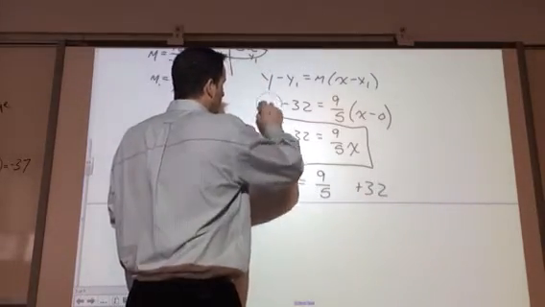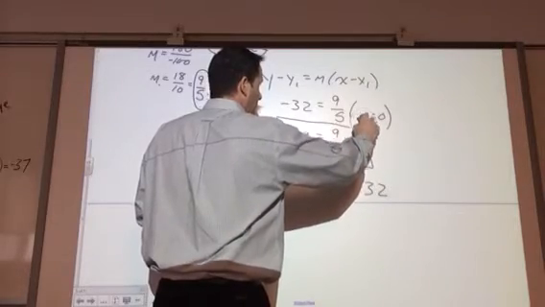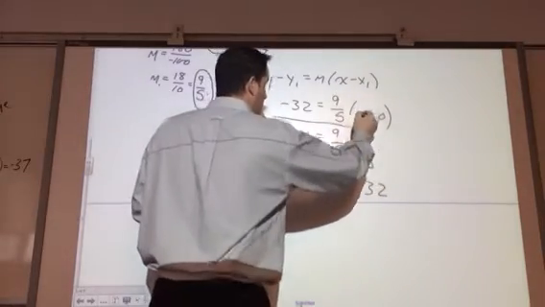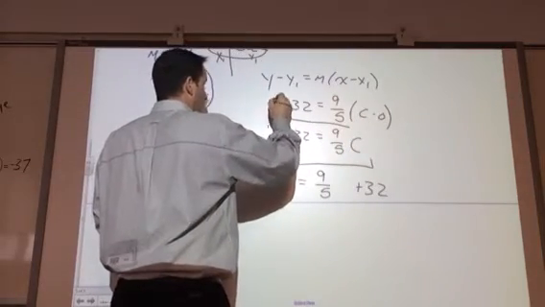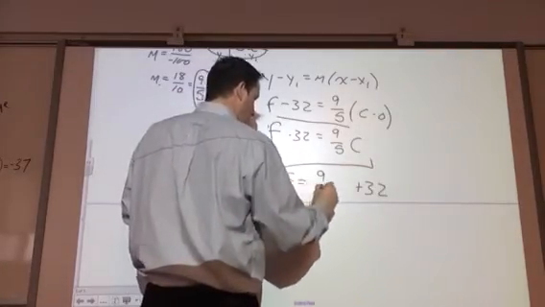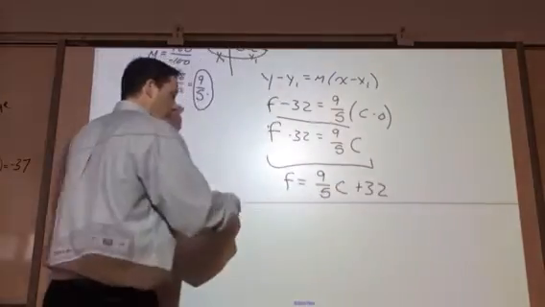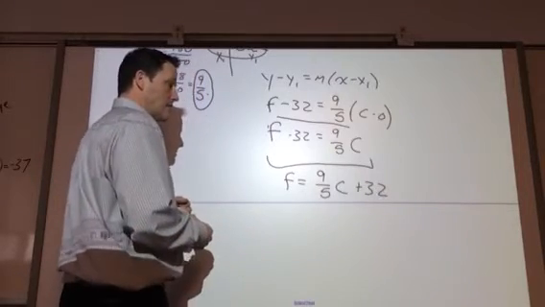Change the variable to fit what we're dealing with, and right now, we're dealing with C and F. So, Fahrenheit equals 9 over 5 times whatever this temperature is in Celsius plus 32.